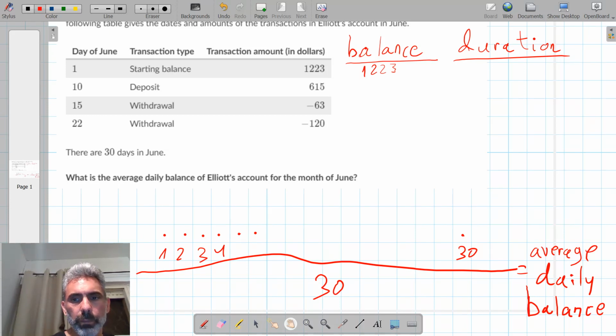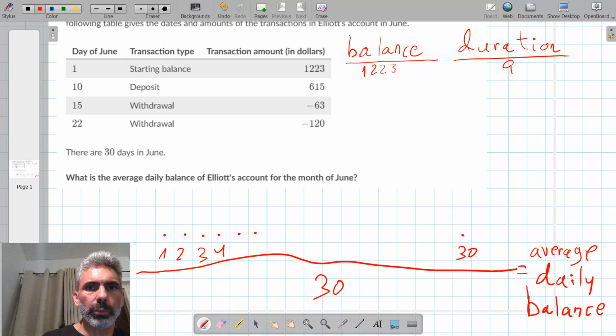So instead of listing 30 data points and then dividing by 30, we can calculate how many days the balance stayed the same. And it only changed when Elliot made a deposit or a withdrawal. So from June 1st until June 9th, for a duration of 9 days, the balance was 1,223.